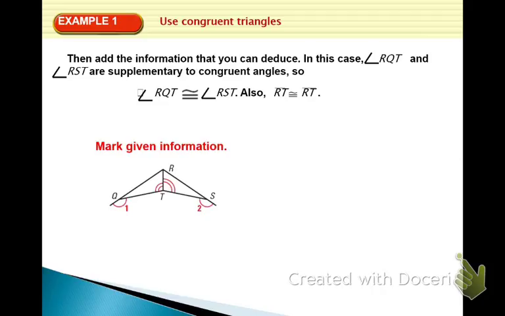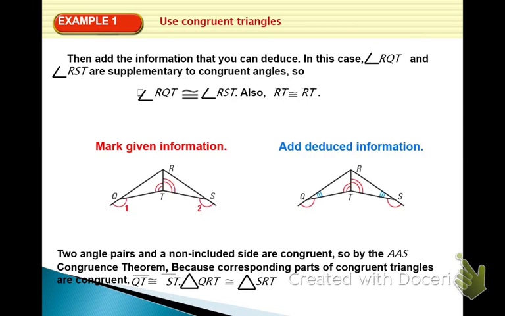So yeah, they used angle, angle, side. And then by CPCTC, QT is congruent to ST. Any questions? Okay.